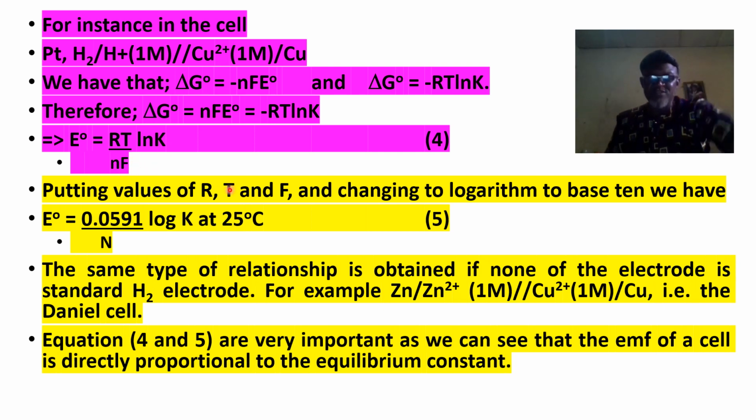Now if we put in the values, remember R is a constant, at room temperature of 25 degrees C, and the Faraday, this gives us equation 5. Of course, if we use zinc and copper, that is our Daniell cell, we will still obtain the same relationship.